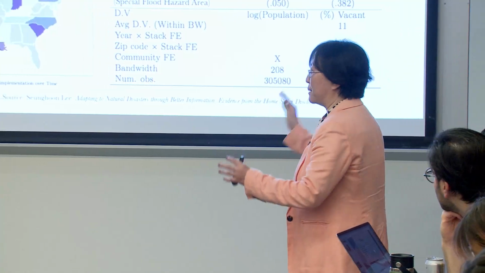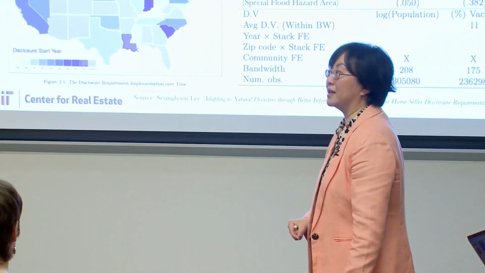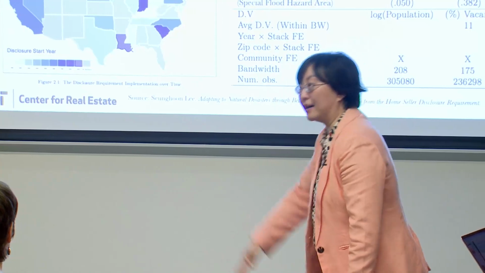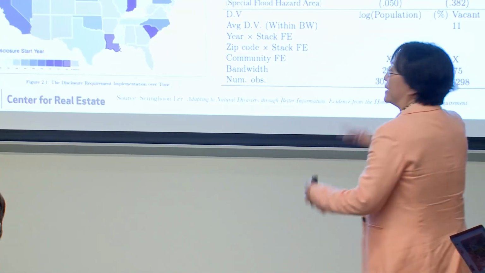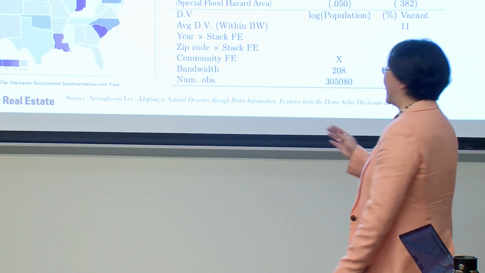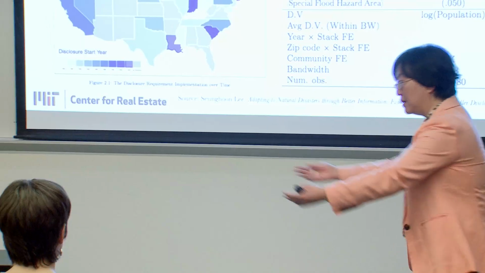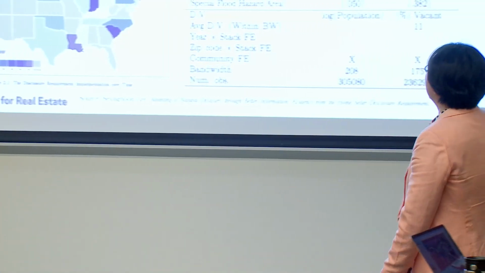It's not just about climate, but climate is a new item they require to put into that disclosure. At first, they just disclosed all other things. Sewage and basement and building materials like that. Now, they say, now it's time to add climate risk into that disclosure file. When the buyer buys the house, you need to tell them.